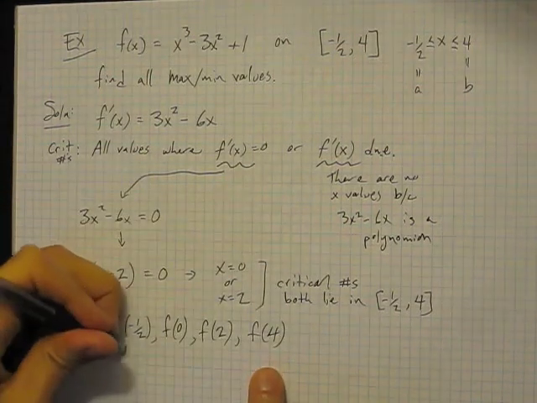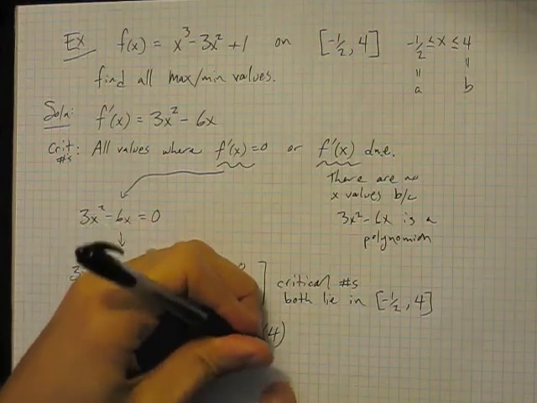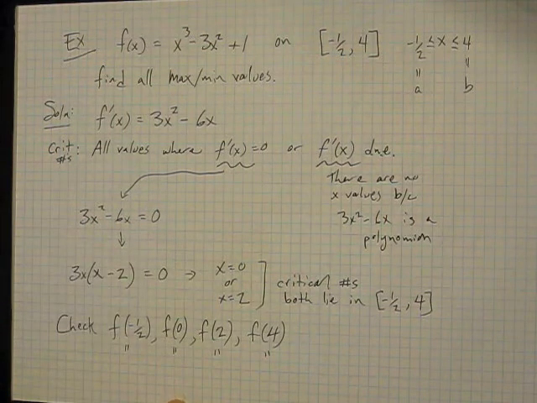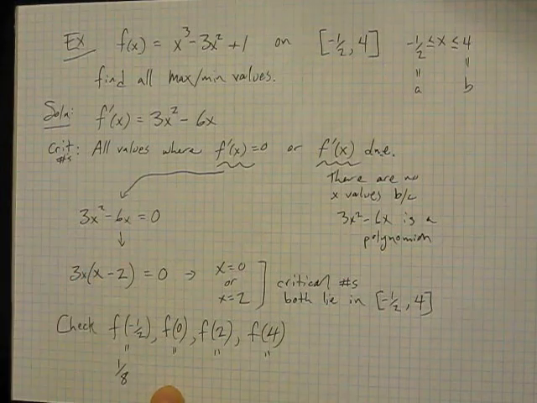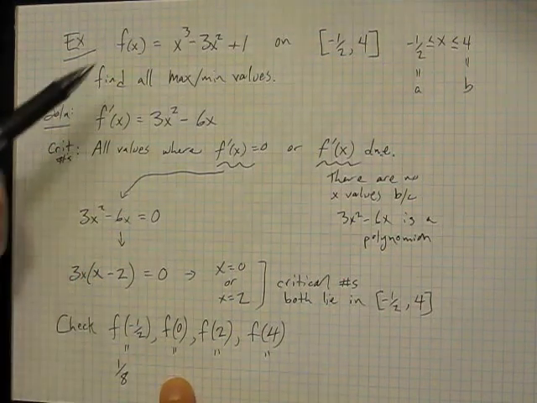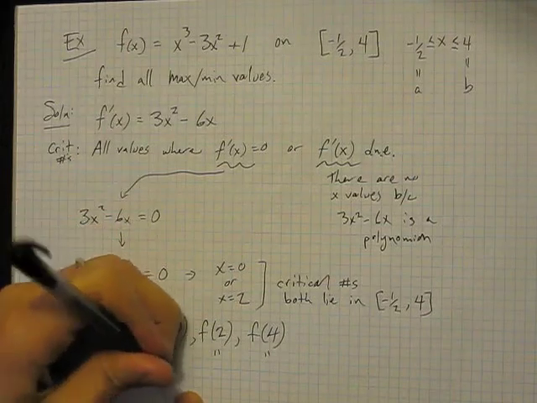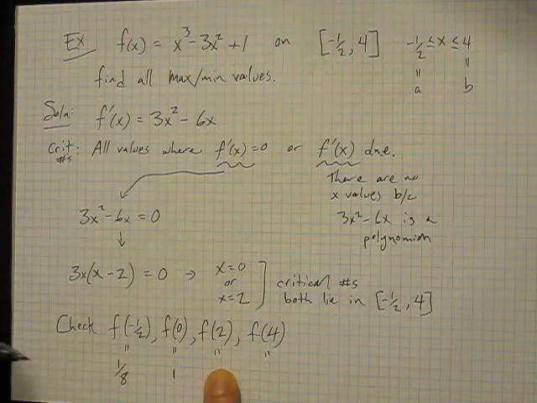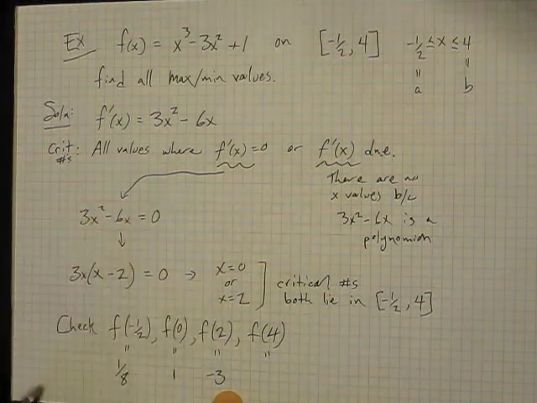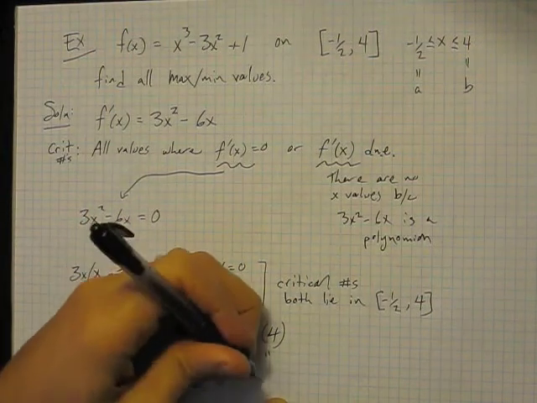Okay. So let's just see what these numbers come out to be. If we compute minus a half, I think we'll get 1/8. If we plug in 0 into f, we will get 1. If we plug in 2 into f, we will get minus 3. And if we plug 4 into f, we'll get 17.